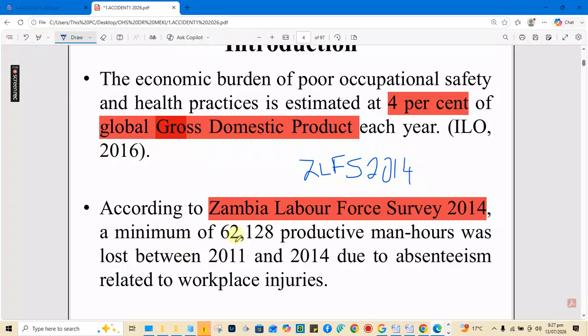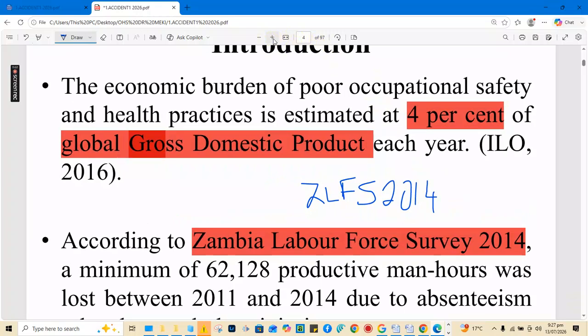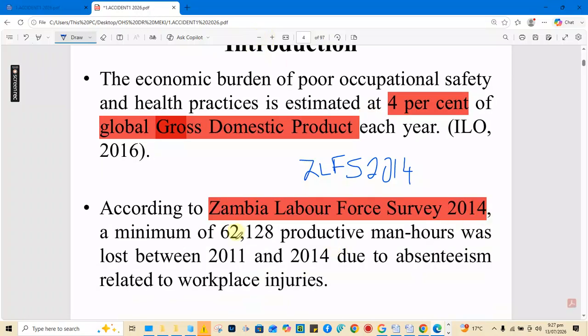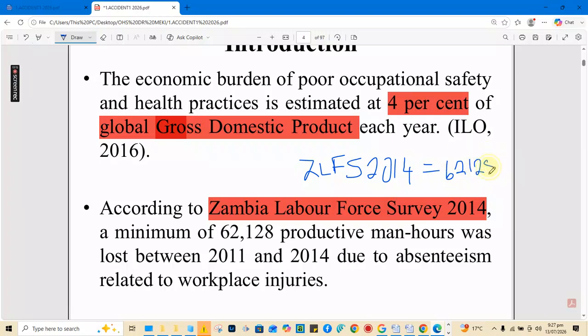A minimum of 62,128 productive man hours were lost between 2011 and 2014.